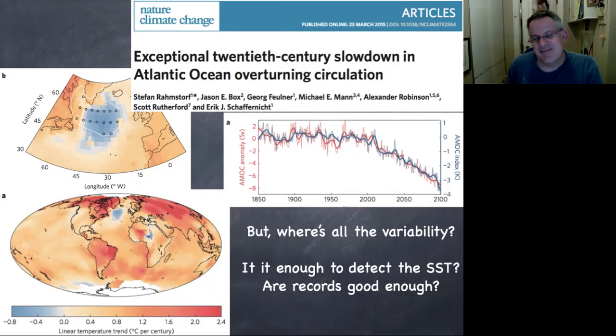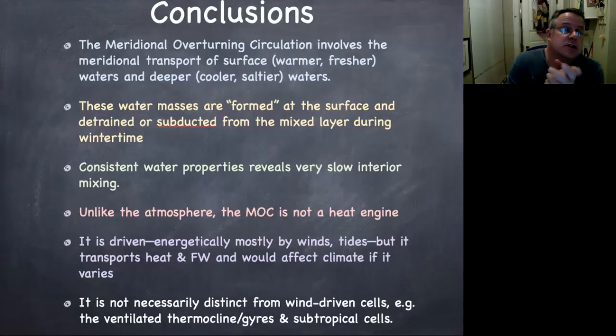So this method, we don't know how well it works, but something like this is what we need if we want to construct the AMOC going back before the time of RAPID, because the Bryden measurements are not good enough in time.